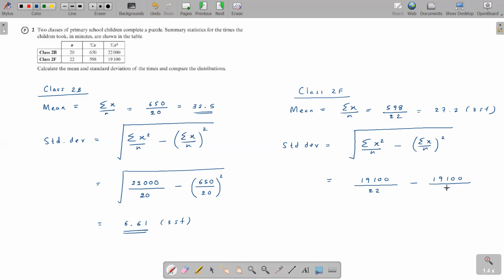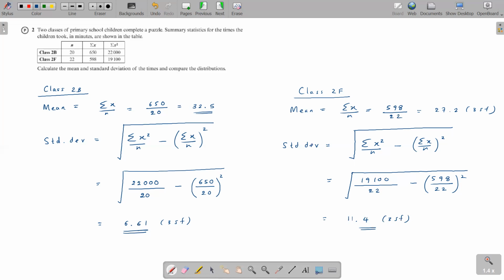Sorry, sigma x is not this, sigma x is 598, over 22 holding square. Then you type this in the calculator and get the square root, which is 11.372360, it goes on. So basically 11.4 correct to 3SF.